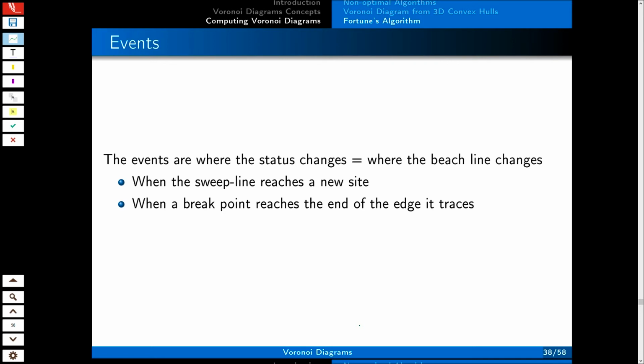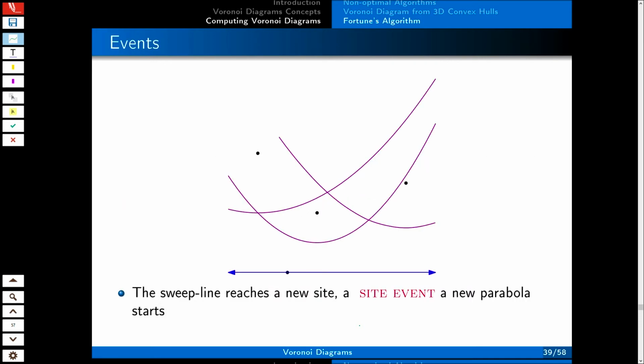A new parabola is introduced. If I move the sweep line epsilon amount, this will be the picture. This is my sweep line. When I reach a site point, it will introduce a new parabola to the beach line. So, I have to break the beach line and create 2 breakpoints and update the beach line.